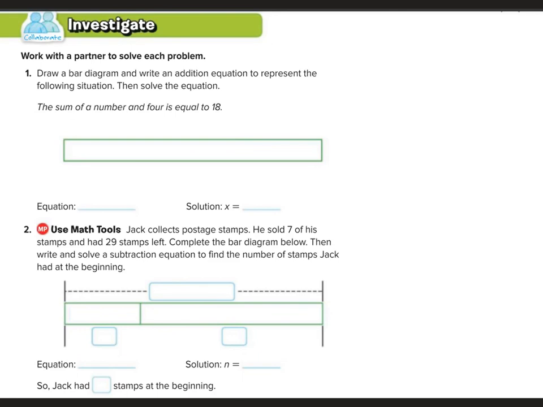So the sum of a number, sum means addition, a number, let's let n represent our number, and 4, so it'll be n plus 4 equals 18.